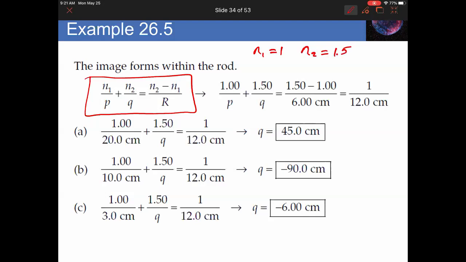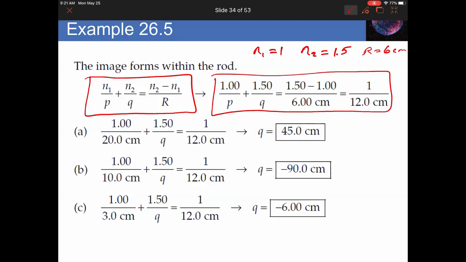In this equation we replace all of those, and remember R was given as 6 centimeters. So we can do this calculation and have this as a template. Then all we have to do is rearrange and solve for Q, because we're also given for part A, P is 20 centimeters. For part B, P is 10 centimeters. And for part C, P is 3 centimeters.